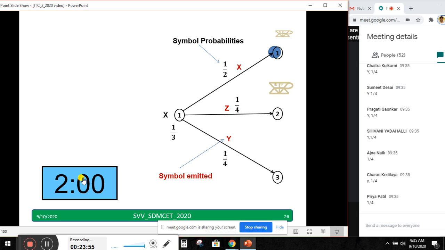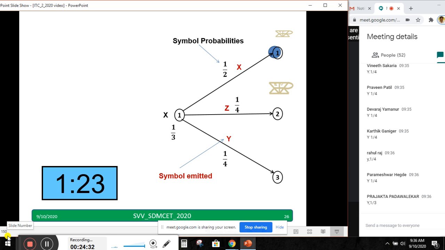So this much you copy down now, and you have to start from the middle left. Take one separate page for this so that you can write down neatly. Okay, I think 1 minute is enough.